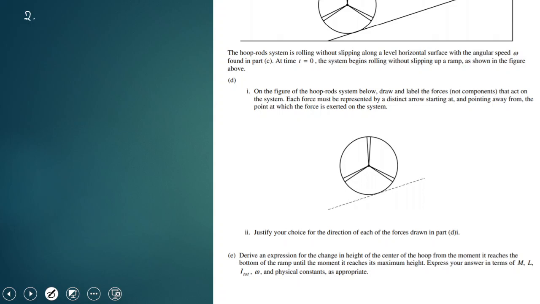For number 2, the gravitational force is straight down from the center of mass.